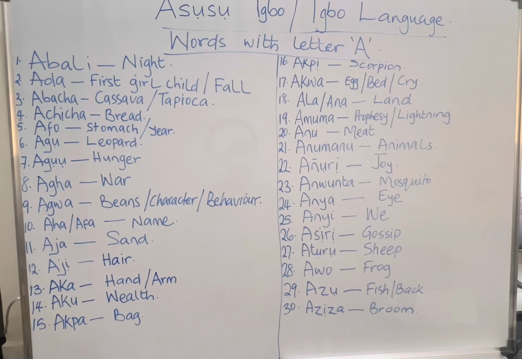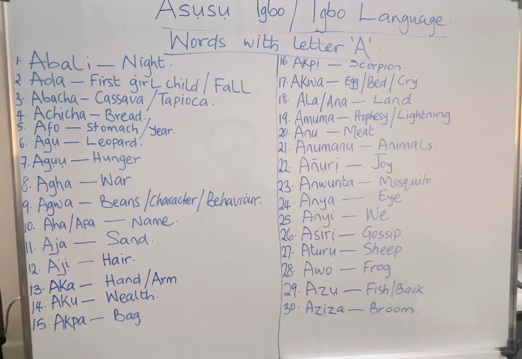What's your name? Number 11 says aja. Aja is sand. Number 12 says aji. There you will also find the dot beneath the A. Aji simply means hair.